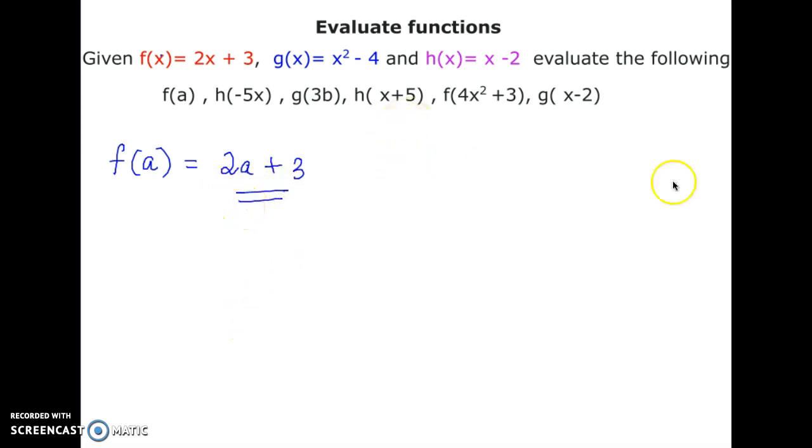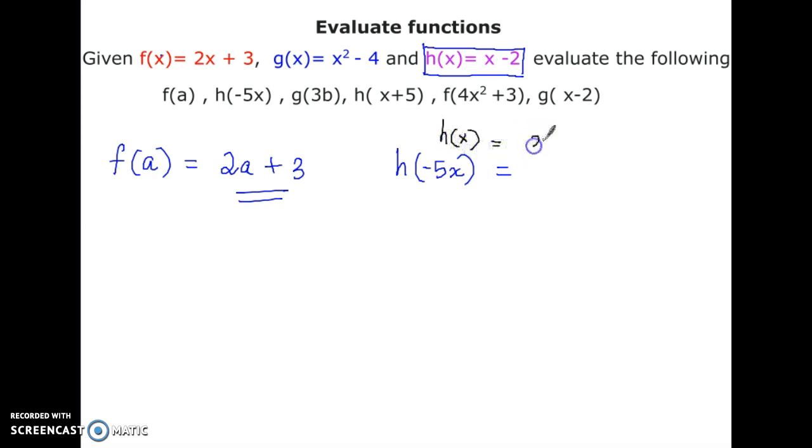Next problem, which is h of negative 5x. Since this is talking about the h function rule, I have to look at this one right here. H of x is equal to x minus 2. That's where I'm going to substitute for x in the h rule. So let me write the h function rule right above it so that we can connect to it easily.